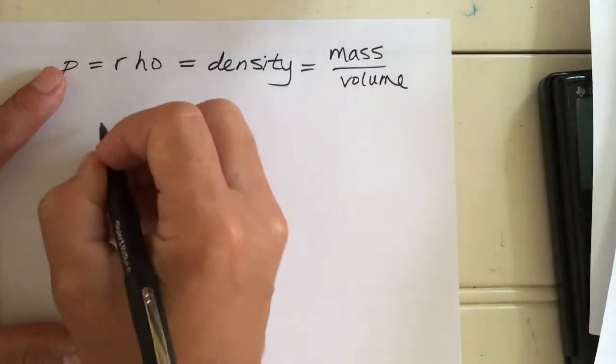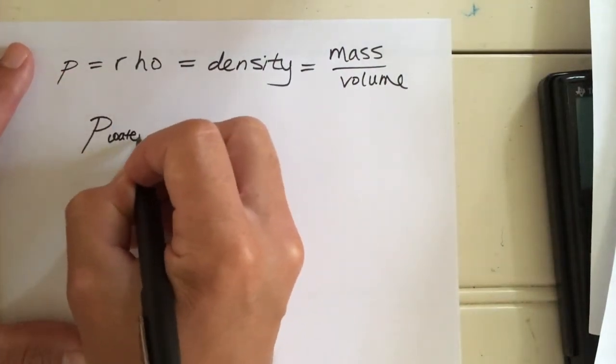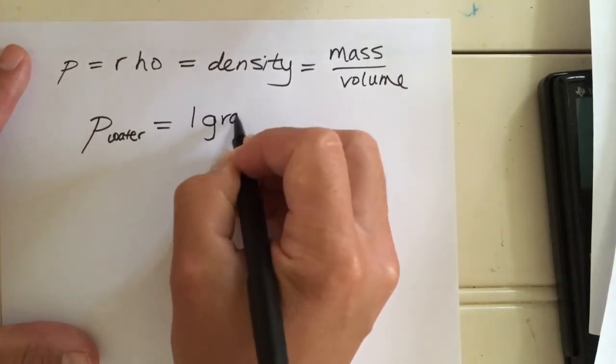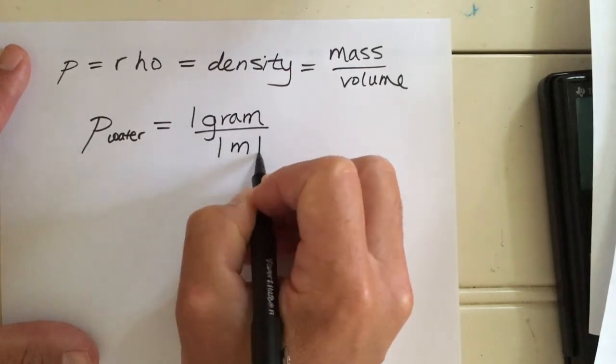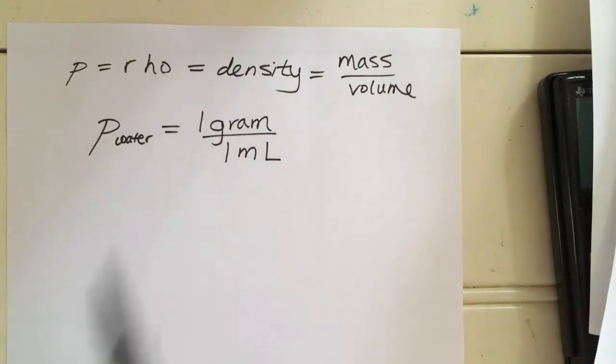So the density of water, the rho of water, I'll use it as a subscript, is equal to 1 gram per milliliter. So when you measure out a milliliter of water, you're also measuring out a gram of water.